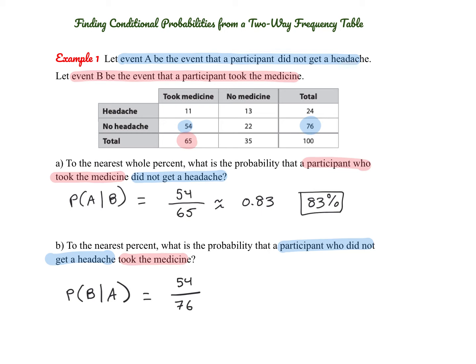So the probability is 54 over 76, which is approximately 0.71, so about 71%. So again, the way that these are worded really matters. You have to figure out which part is the condition, and then which part is the probability given that condition.